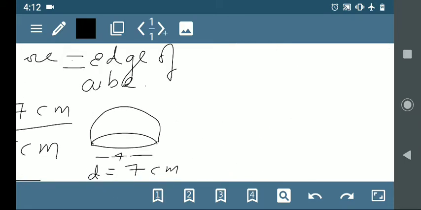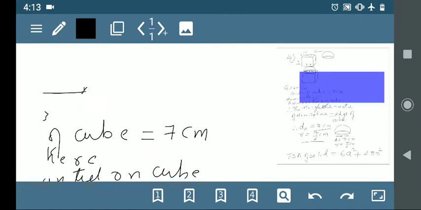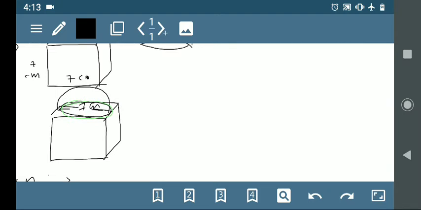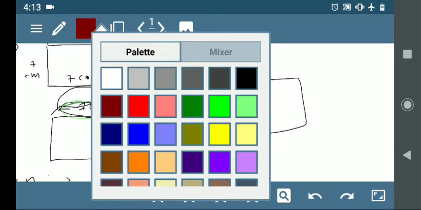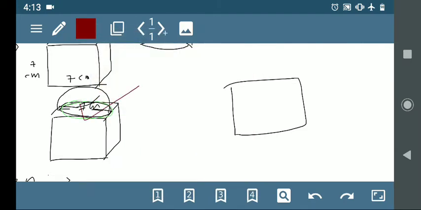But one thing, if you observe this diagram from the top, you can see that on this above edge, what is placed? Hemisphere is placed. So one face of it is covered by a circle, which is base of our hemisphere.